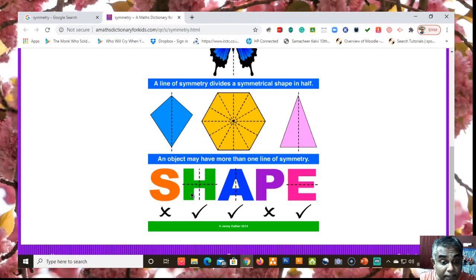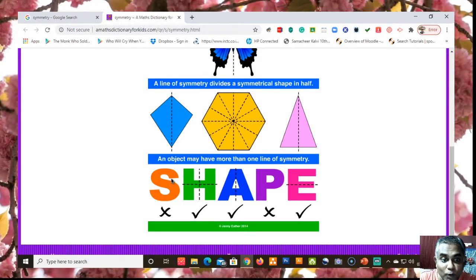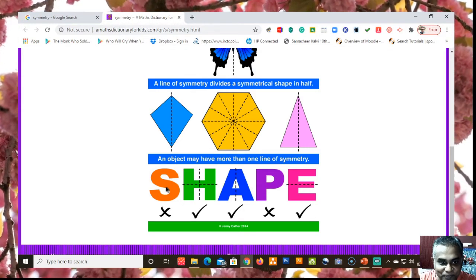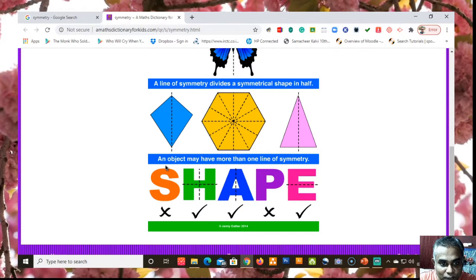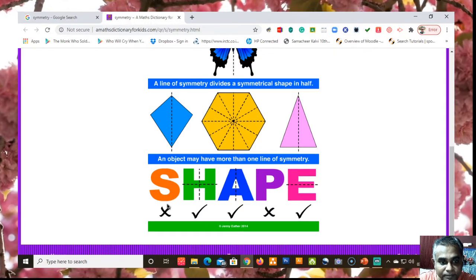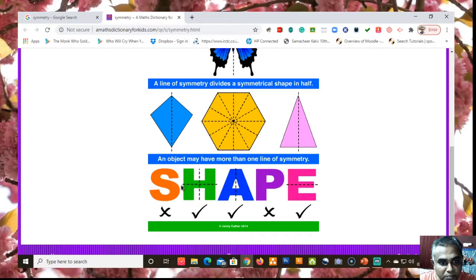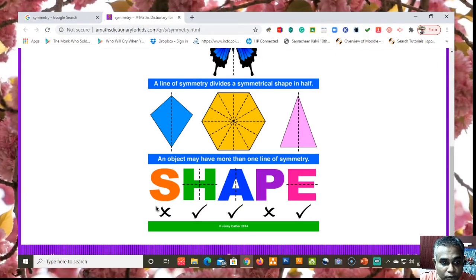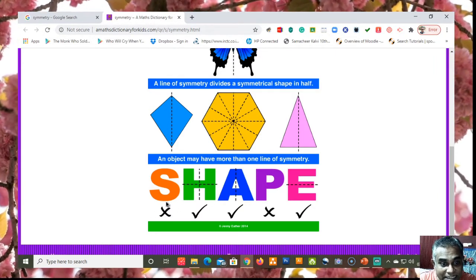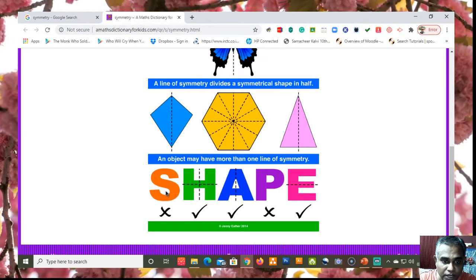And if you look into the word shape, if we draw a line here, this line does not give you two equal mirror images. Therefore, this is not a symmetrical object or shape.